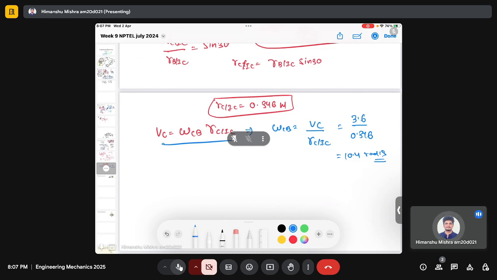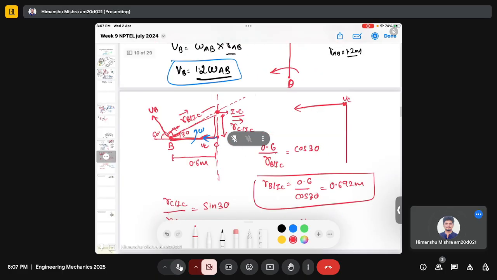And then how do we calculate VB? We can use a similar formula. VB equals omega CB multiplied by RB with respect to IC. Because when we use the instantaneous center, since this BC part is moving with angular velocity omega BC, the position vector should be to this instantaneous center. For B it is RBIC, for C it is RCIC, because it is rotating with this position vector.